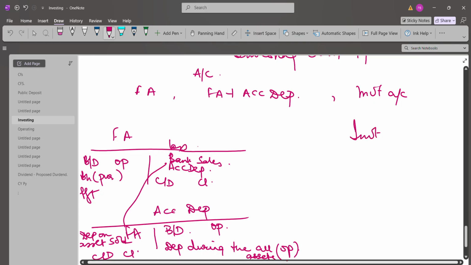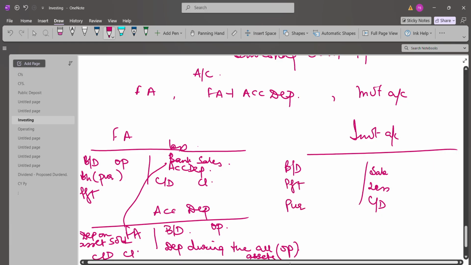Similarly, for the investment account, brought down comes here, carried down comes here. Sale comes here with selling price, loss comes here, profit comes here, purchase comes here. We can also be asked to calculate interest on investment.